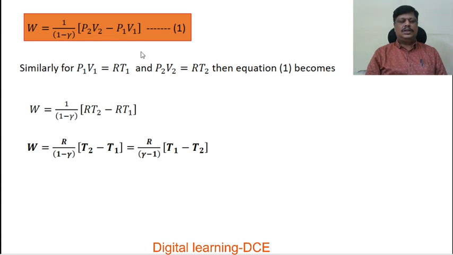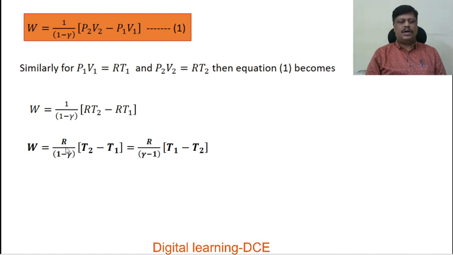This is one of the expressions for work done during an adiabatic process. Similarly, P1 V1 is equal to RT1 and P2 V2 is equal to RT2, where R is a constant. Therefore, work done is equal to 1 over 1 minus gamma into, for P2 V2 we write RT2 and for P1 V1 RT1, and take R as common.